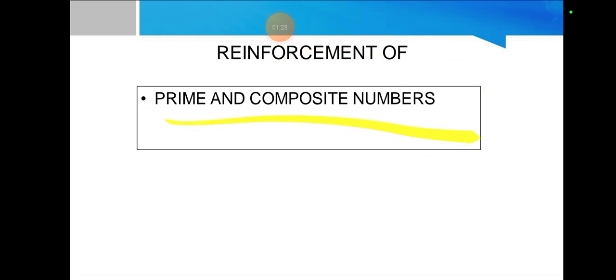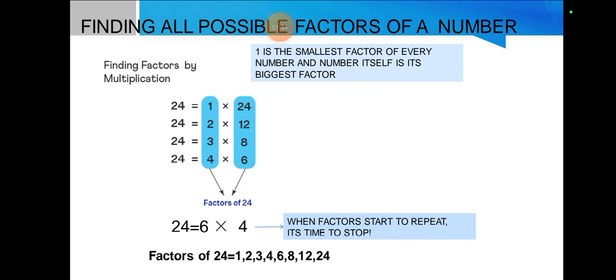Reinforcement of prime and composite numbers. So basically you are going to reinforce prime and composite numbers. Finding all possible factors of a number, that means finding factors by multiplication. 1 is the smallest factor of every number, and the number itself is its greatest factor.